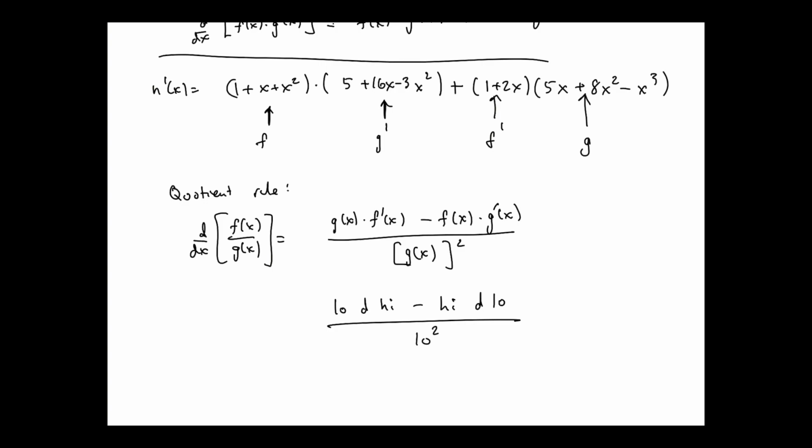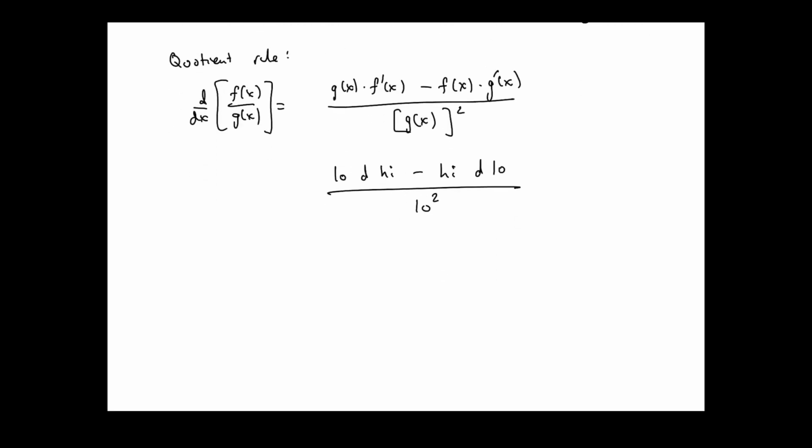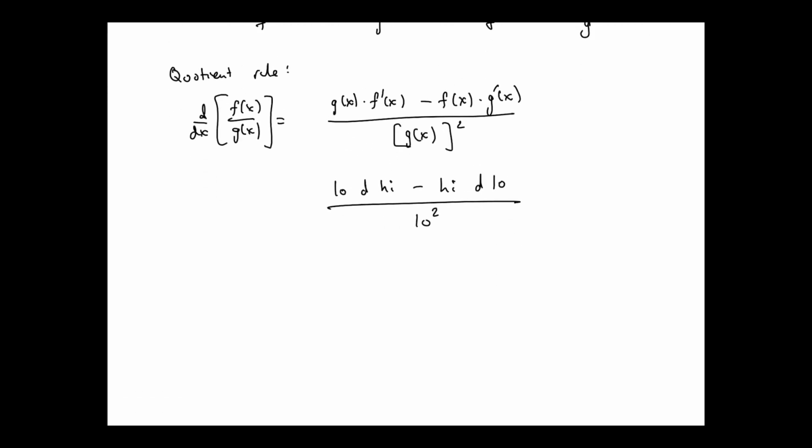Okay, so let's apply this to a problem. What's the derivative of tangent? Let's figure that out. What is tangent of x? It's sine of x over cosine x, right? Now this is written in the form of a quotient, so we can apply the quotient rule.